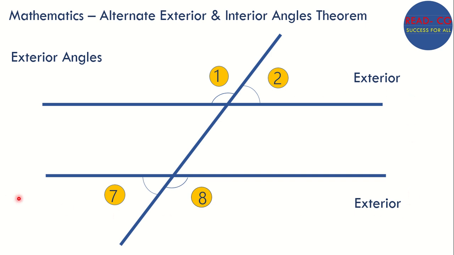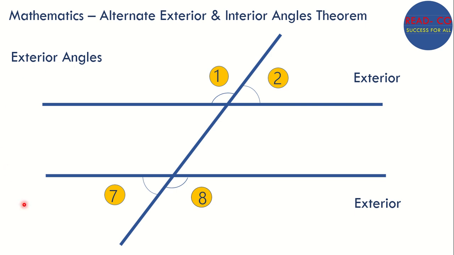Similarly, this side is called exterior. Now here exterior angles: angle 1 and angle 2, both angles known as exterior angles.